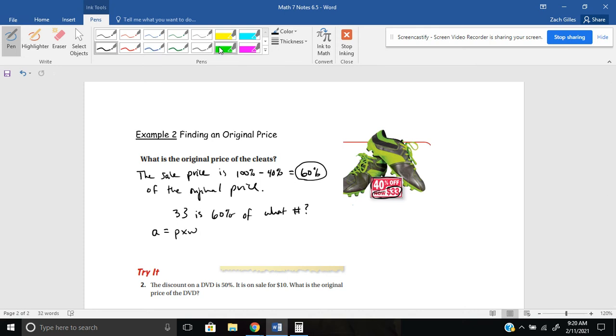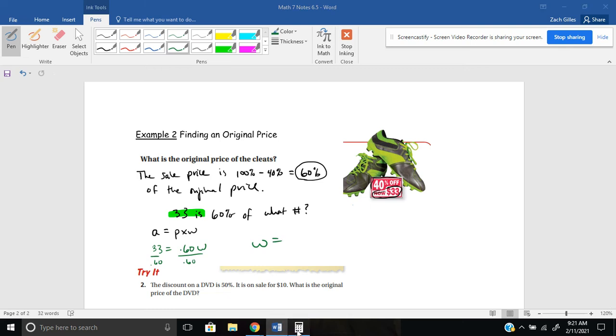I have keywords here. Remember, 33 is that keyword to tell you 33 is the part. So 33 equals my percent. I know the percent that I'm paying is 60%, so 0.60 times the whole. Okay, so I'll just divide each side by 0.60 to find my whole.